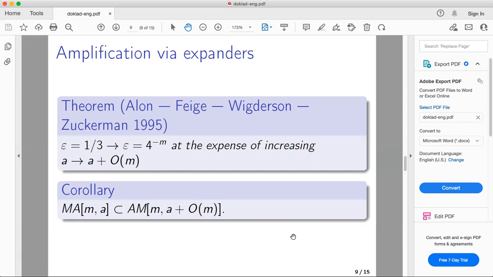So we consider random strings as nodes of an expander of constant degree, which has 2 to the a nodes. And instead of running m times on independent z's, we take only one z at random using a random bits.